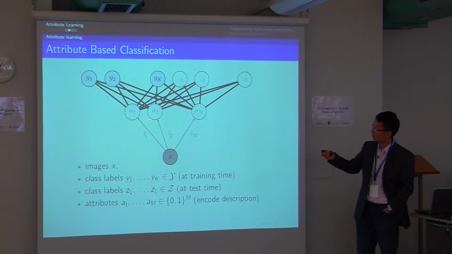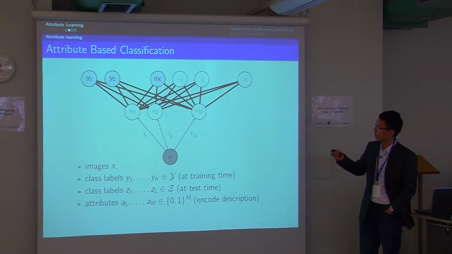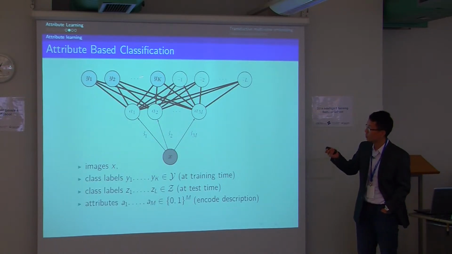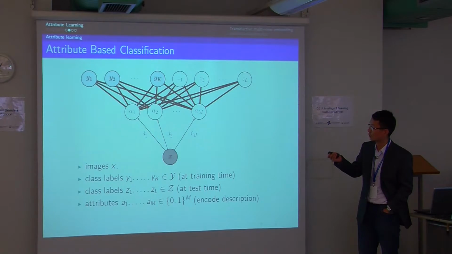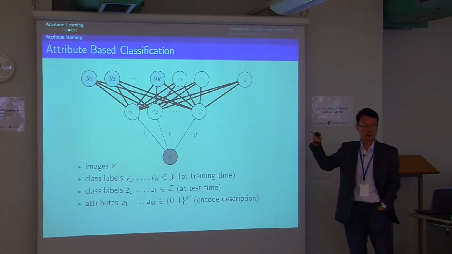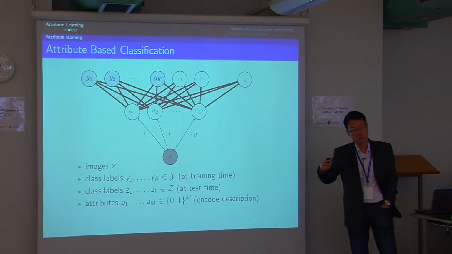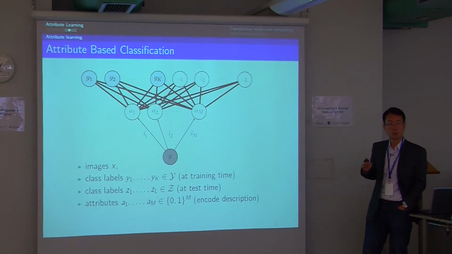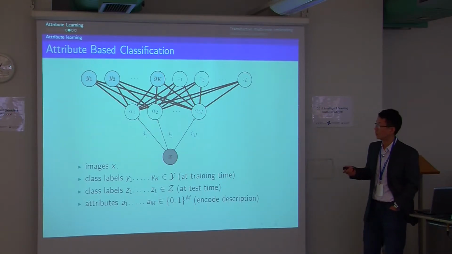So the basic idea is that we have a middle layer, which we call attributes, and the training data can now be used to learn an attribute classifier for each one of them, which means given a test data X, I can predict the value of this attribute. Then for each unseen class, I've got a description, we call it a prototype, which has a binary value, either 1 or 0, regarding this list of attributes.